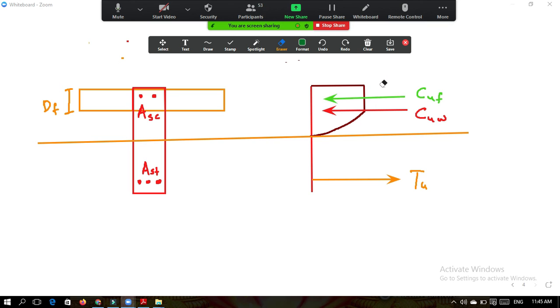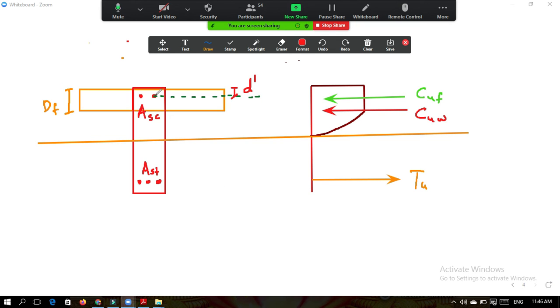If I now see this line, here the reinforcement is provided. So at this line, another compressive force will be there, and if I show this with different colors, you will understand. Let us say that this is D dash, the effective cover to the compression steel is D dash.